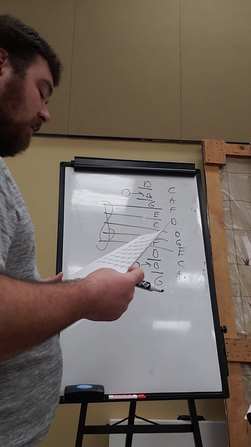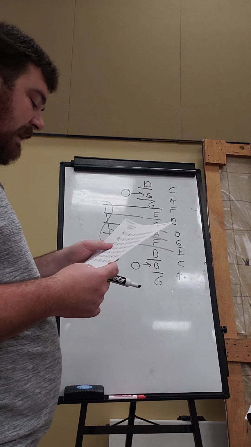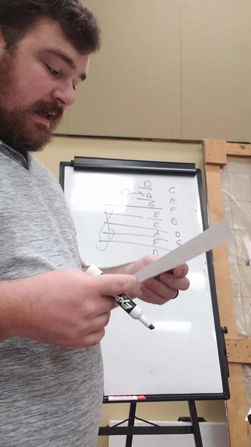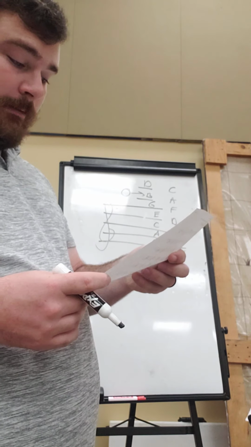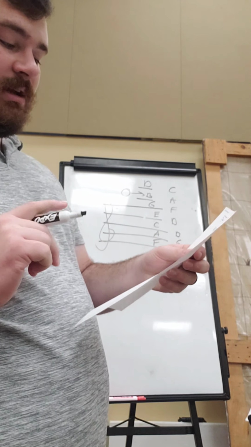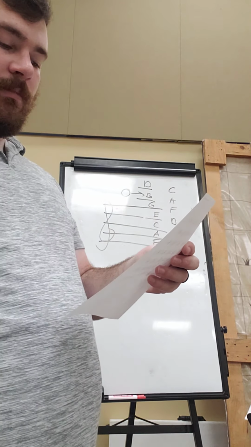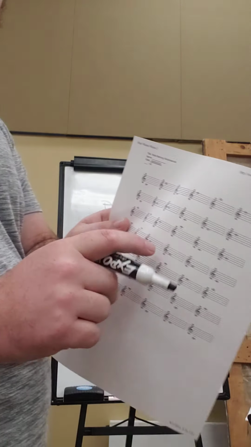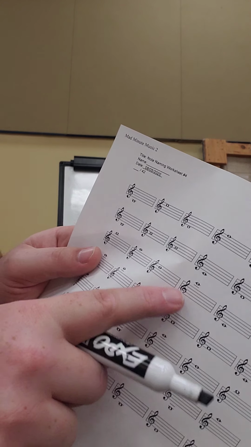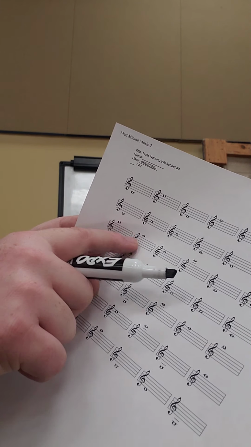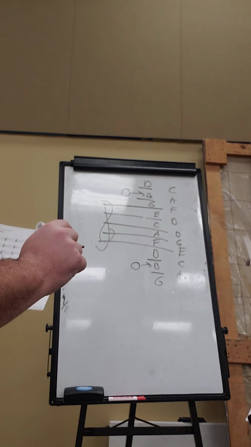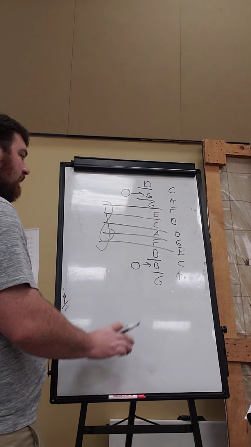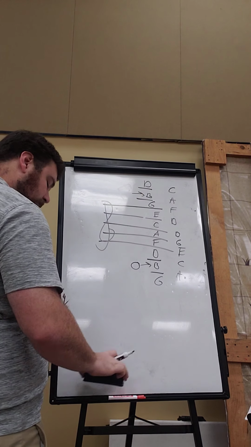Okay, let's go on. Find line number 3, and look at note number 4: 1, 2, 3, 4. That note is on the second ledger line above.